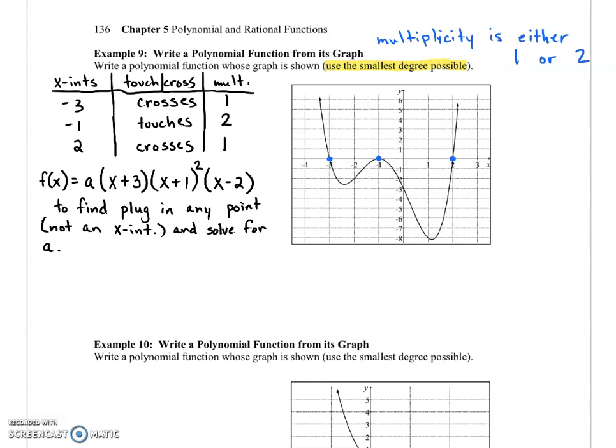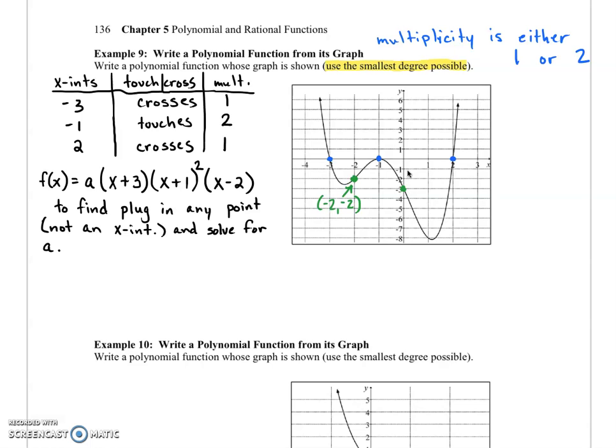So let's look at our graph here. We have what I would consider 3 decent candidates for plugging in. We can clearly see that right here we have the point -2, -2.